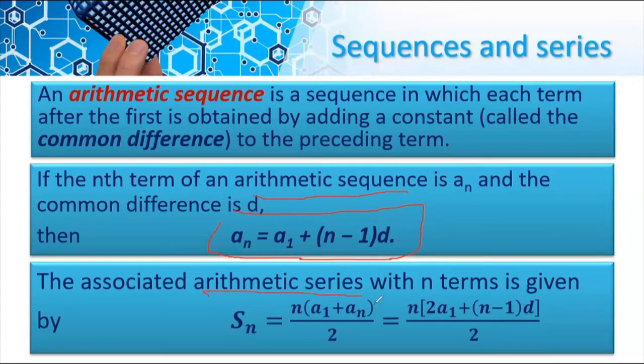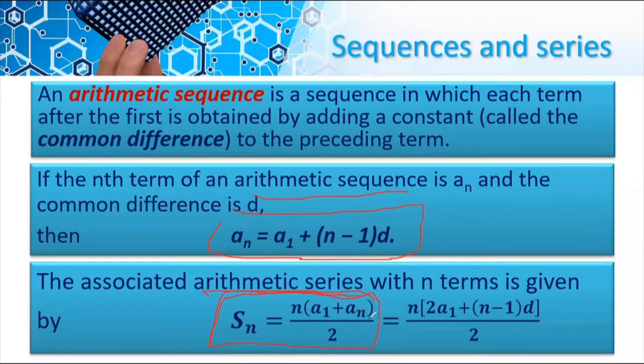Itong arithmetic series na to, ang formula na to ay na-contribute naman ni Carl Gauss. Yan, siya nag-contribute niyang kanyang arithmetic series na yan. Kung dito sa formula na to, hindi mo pa directly alam kung anong common difference.